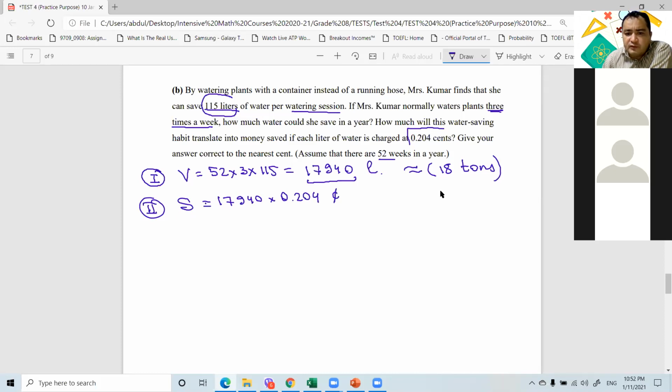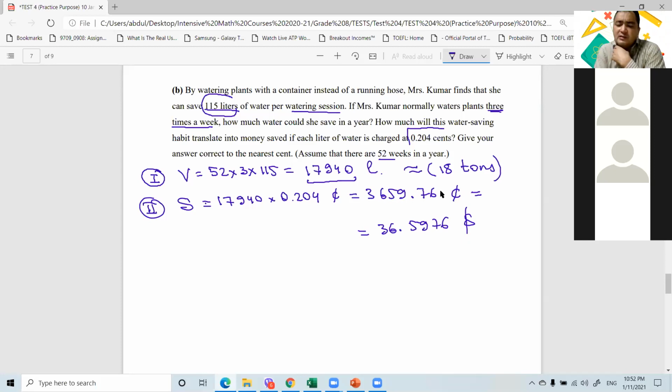If you multiply this by 0.204, that's equal to 3,659.76 cents. Now if you divide this by 100, that will be equal to $36.5976. So she can save that much money.